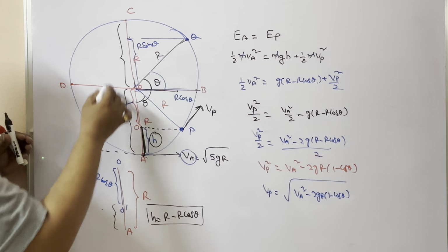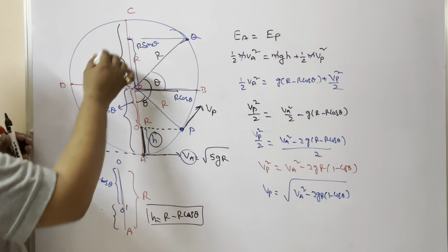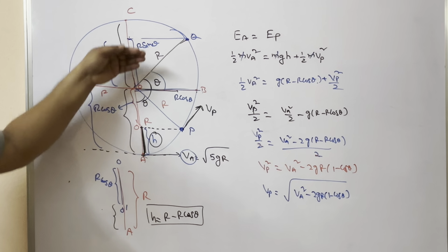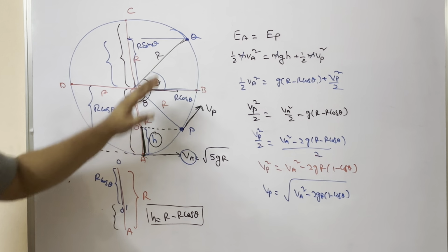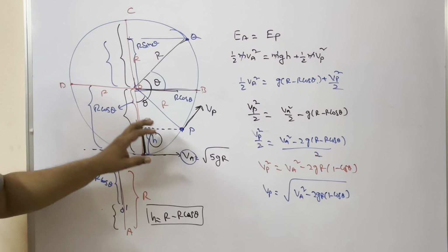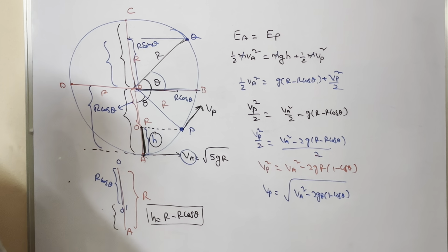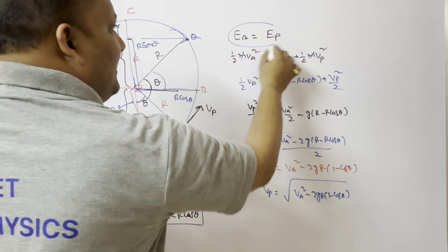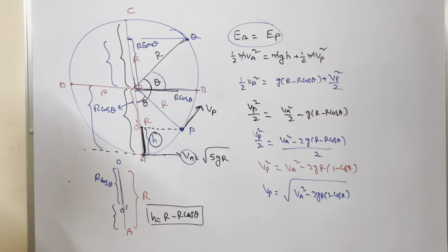How much height is it coming? So this is r, and this is r sin theta. Therefore, total height is r plus r sin theta in this case. So like this, you can solve any problem if you know the concept of how to apply it. Wherever you want to find velocity, we are applying blindly the law of conservation of energy.